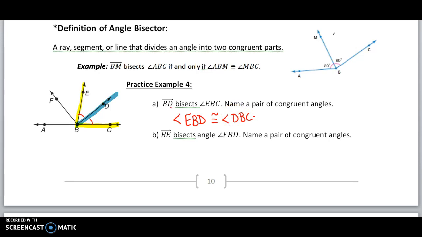Okay, so EBC was cut into 2 angles that are congruent, since a bisector cuts it in half. I would pause it and try the next one, and then check it to see if you're correct here. So take a moment and pause it.